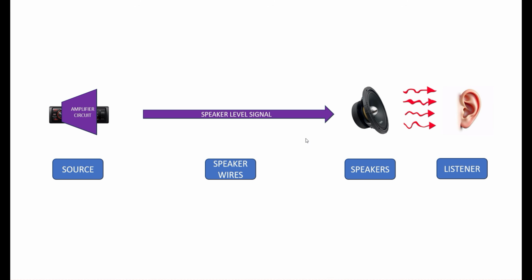Now, not all head units have built-in amps. So if your head unit is just a head unit and it doesn't have an amplification circuit, you won't be able to directly drive your speakers. If it does have an amplifier circuit, happy days.